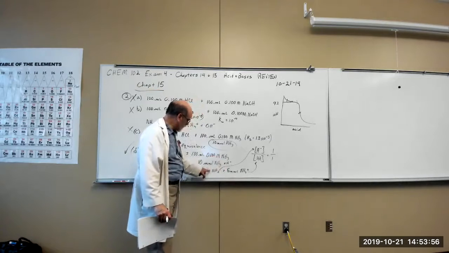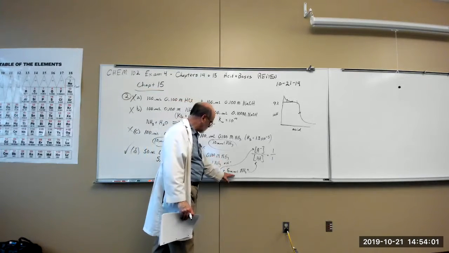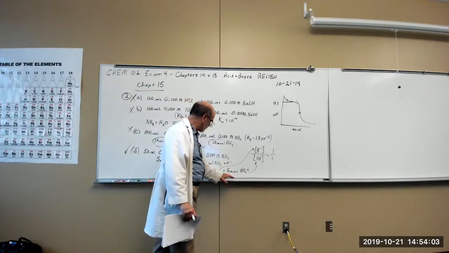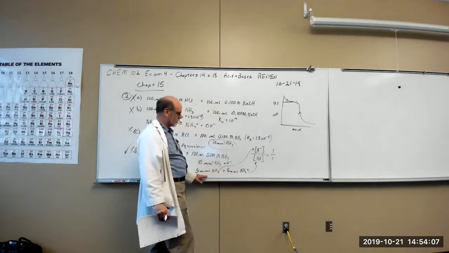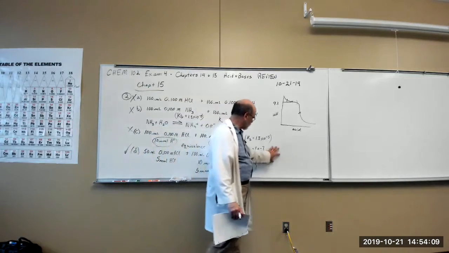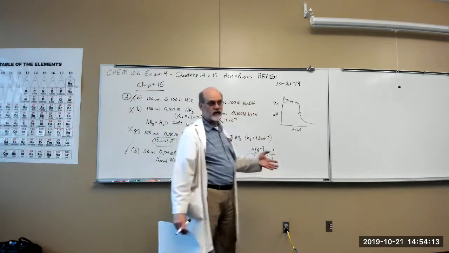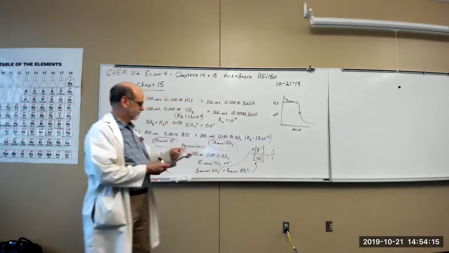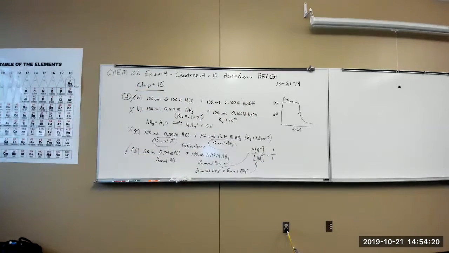Well, if we add more protons, it's going to shift over to a little more of this. If we add hydroxyls, it's going to take protons from that and shift over here. But the overall ratio is going to be well within the buffer range, as long as we don't add too much. Okay.